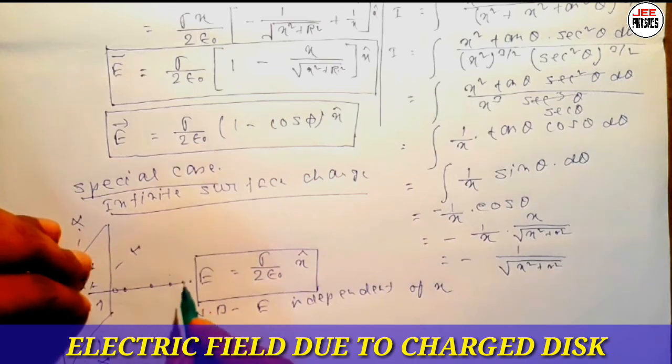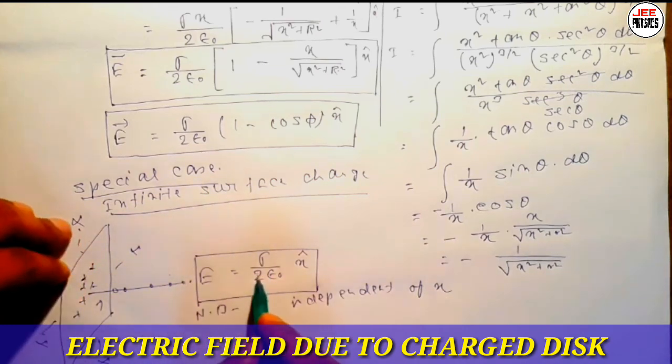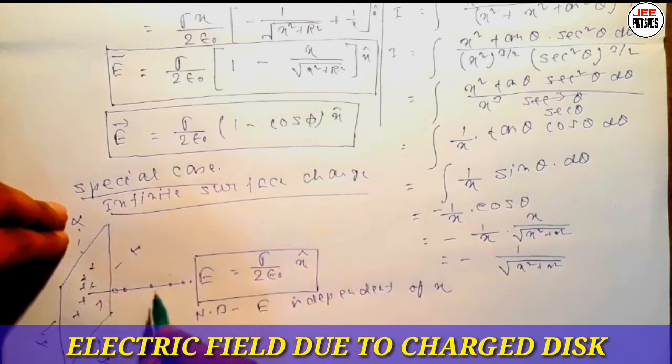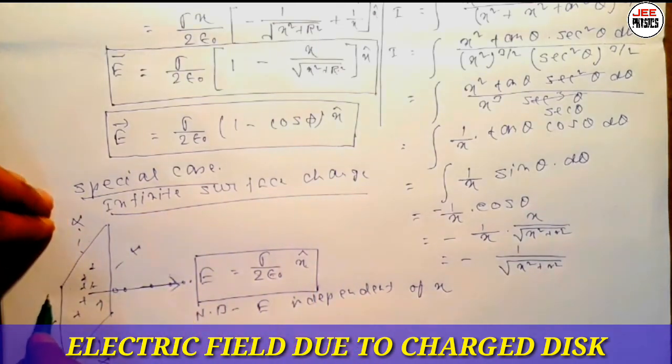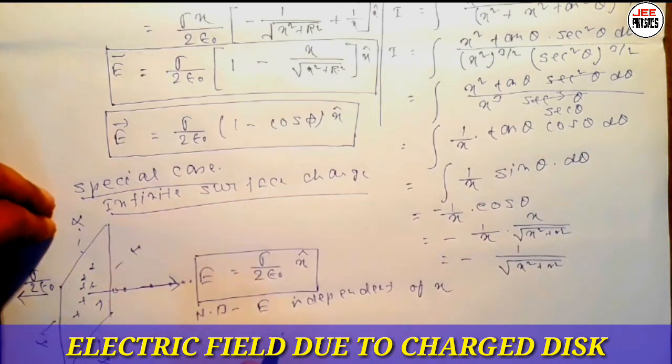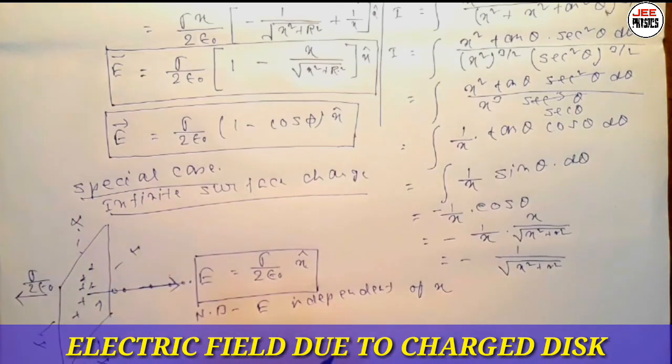At every point, the magnitude of the electric field is sigma by 2 epsilon 0, and the direction is normally away. On the left side, the direction of electric field will be in this direction, and the value will be the same, sigma by 2 epsilon 0. So this is the method to find the electric field due to surface charge distribution.